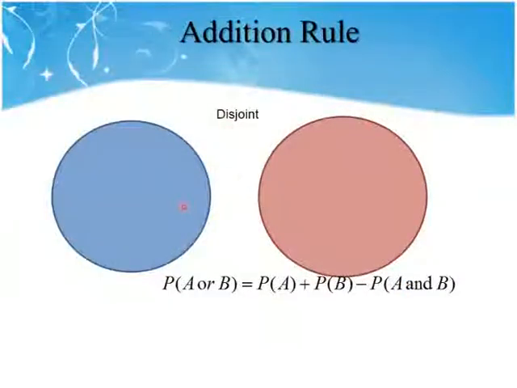When they're disjoint, there's nothing to subtract off, because there's no way to be in both event A and event B, so the probability that you're in both is 0. So that goes away, and then when we're talking about disjoint events, the probability of A or B occurring is simply the probability of A plus the probability of B.